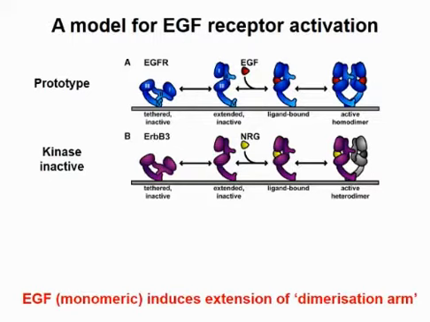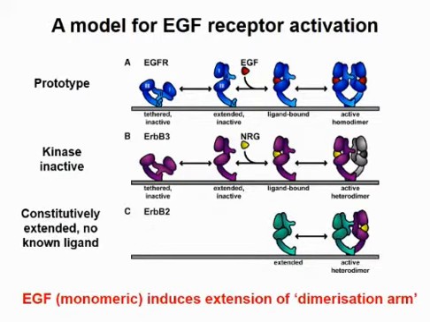And finally, what's going on with our ERB2? So this is the one that's driving breast cancer. Well, this one doesn't need a ligand, okay? It's naturally in this extended conformation, and this is why it's so dangerous, because if you get it overexpressed, it will be able to hook up either with another ERB2 molecule or with, for example, ERB3, the kinase inactive one.